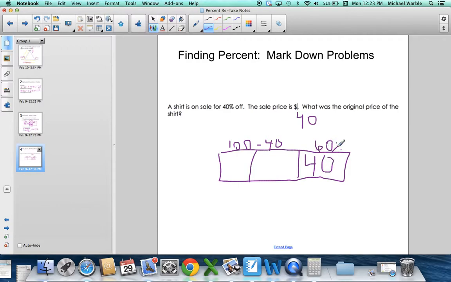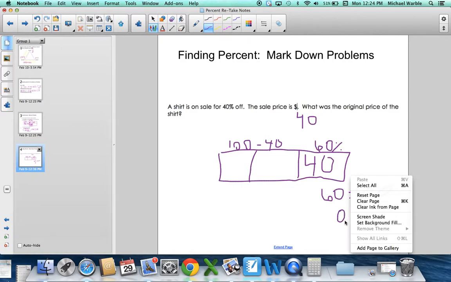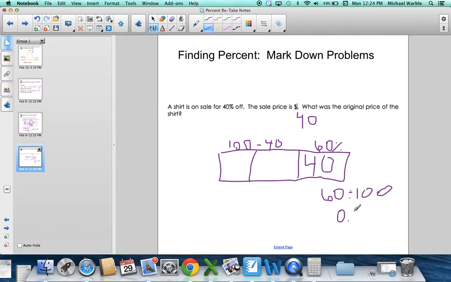So what we could do, first we're going to take our 60 and turn it into a decimal by dividing it by 100. And we're going to get 0.6. Okay? So we have percentages, and we're used to multiplying by our decimal to get the percentage of a small number.